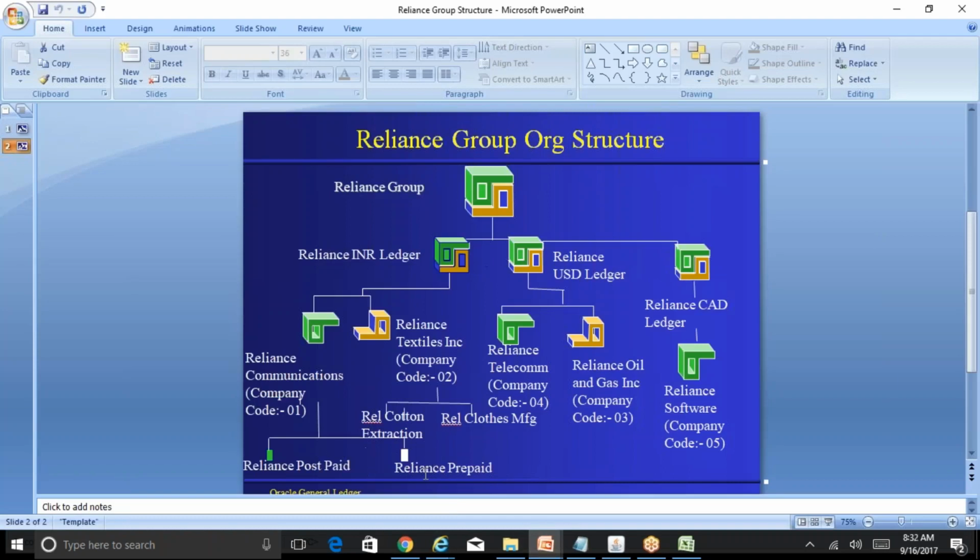Okay, so 01 and 02 will have subledgers, whereas 3 and 4 will not have. Okay, that is understood.